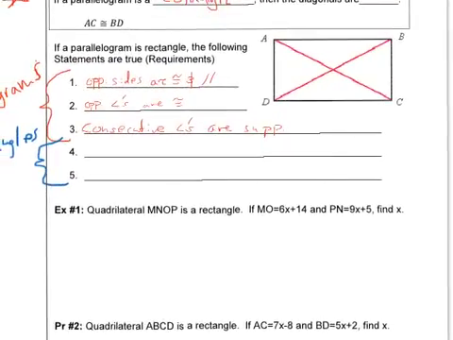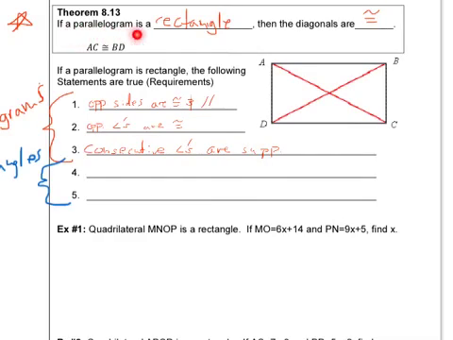So we learned up there that if a parallelogram is a rectangle, then the diagonals are congruent. Not only do they bisect each other, but they are congruent. So we're going to say diagonals are congruent and they bisect each other.